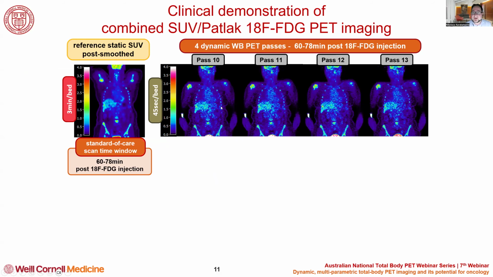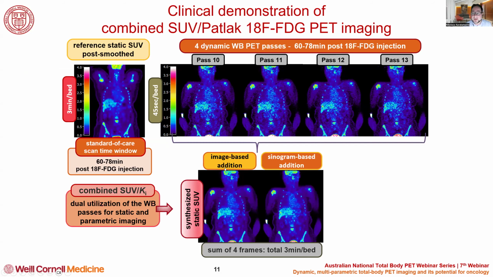And this is the same patient undergoing the new protocol where we dynamically scan the patient multiple times with a limited axial field of view system. And then we can take the data together, add them up to obtain the images. The addition can be done either in the image domain or in the sinogram domain, the raw data. The results are very similar.